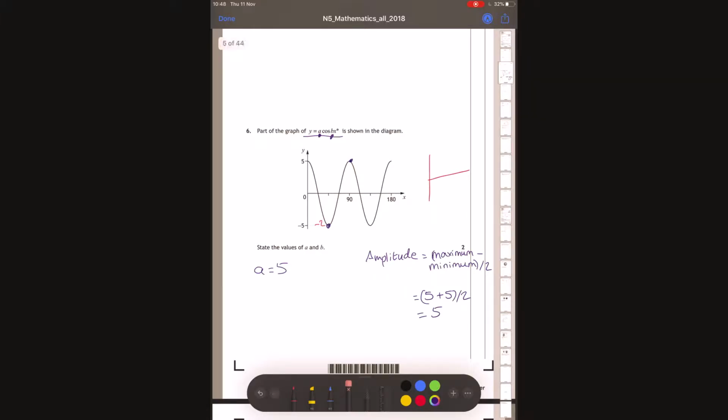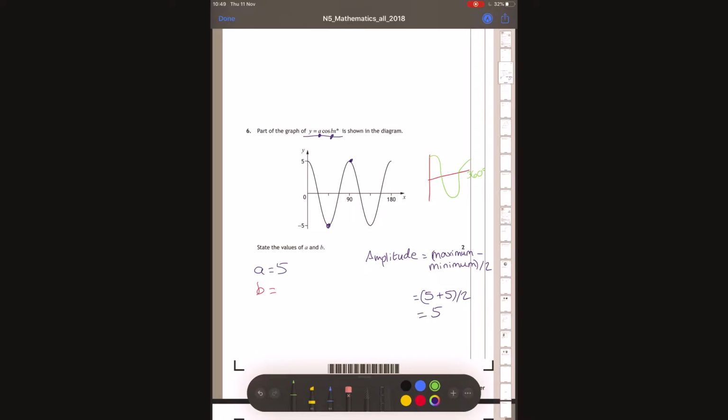And then looking for our value of B, well, B is the period of the graph. So what is the period? Basically how many degrees it takes up on the x-axis. I know that one normal cosine graph, I'm going to draw here like that, takes 360 degrees.